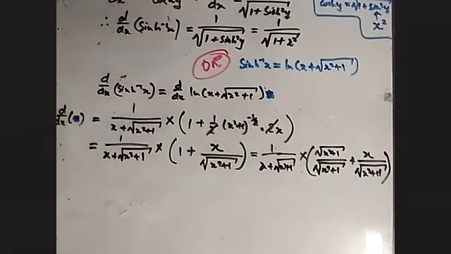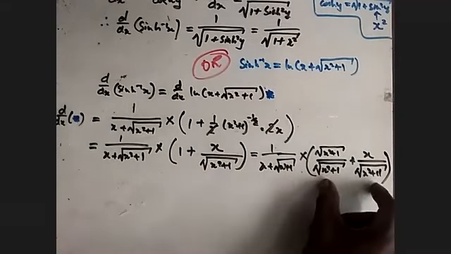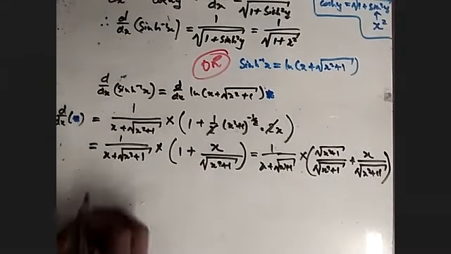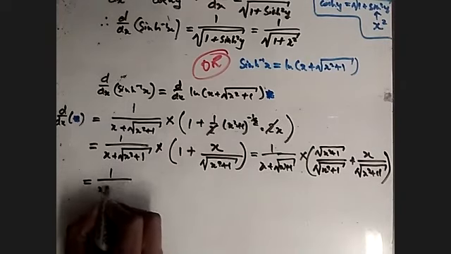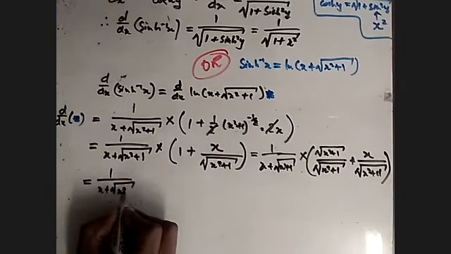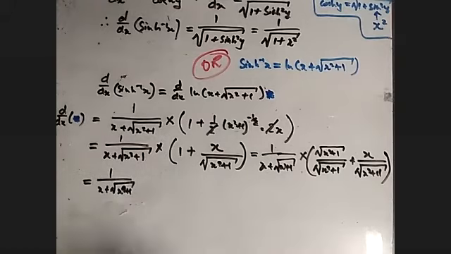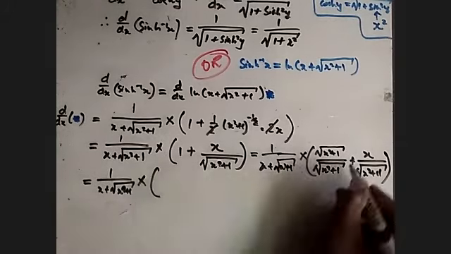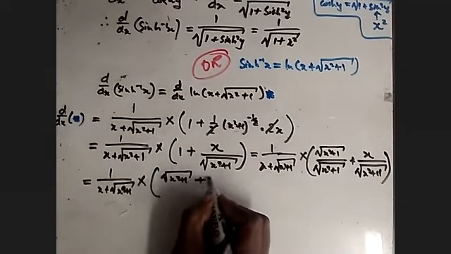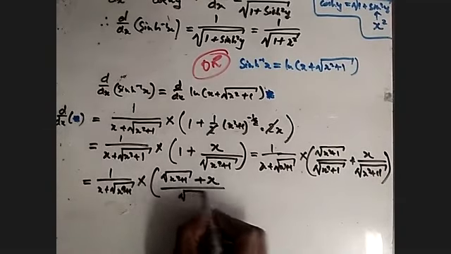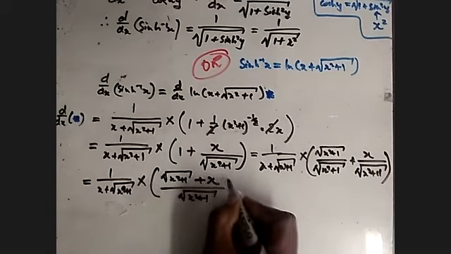So what is going to happen is that we have got the common denominator here. We're going to rewrite this as 1 over x plus the square root of x squared plus 1, and multiply that by the square root of x squared plus 1 plus x, divided by the common denominator, which is x squared plus 1.